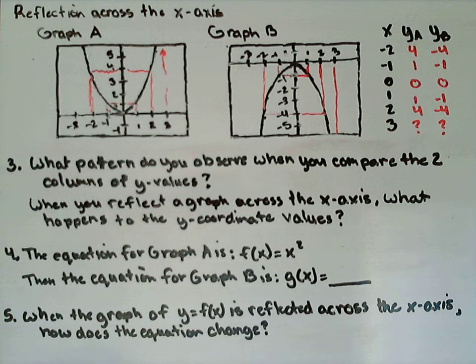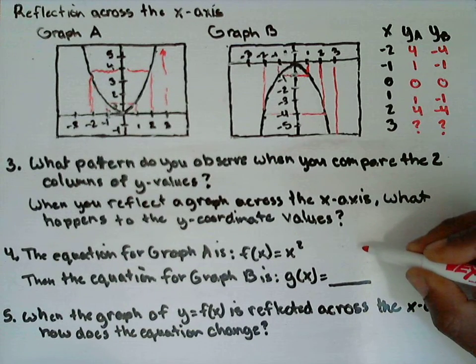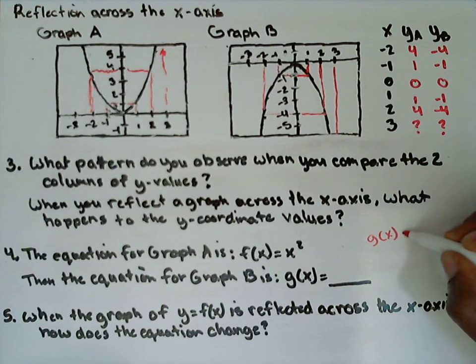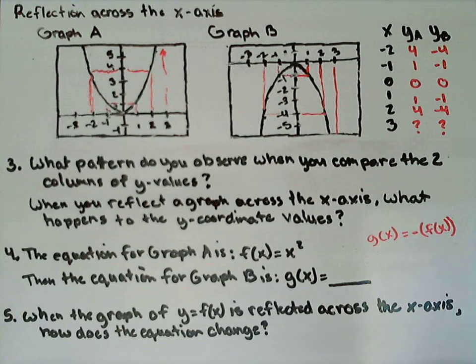We can look at, okay, well, graph A is f of x, and graph B is g of x. Well, what we've noticed is our y values become negative. So we can almost look at it as g of x equals negative of whatever we get out for our f of x when it's reflected over the x-axis.